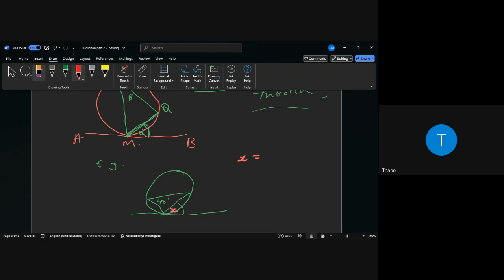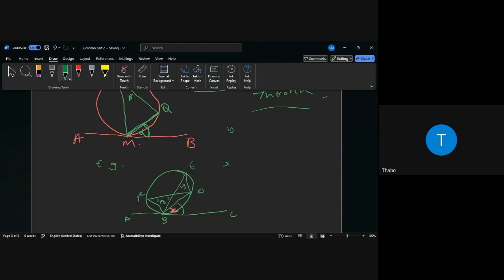Oh, wait. I need to make this sweet. You guys are making me doubt. You don't focus. I'm going to name this A, B, C, D, E, F.